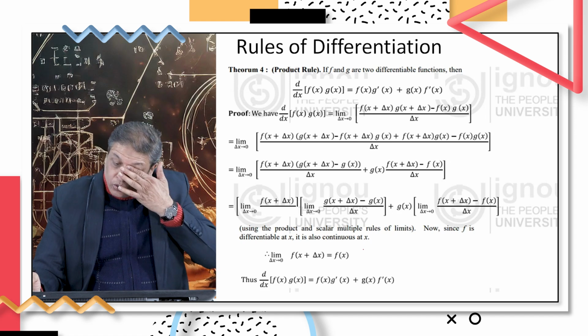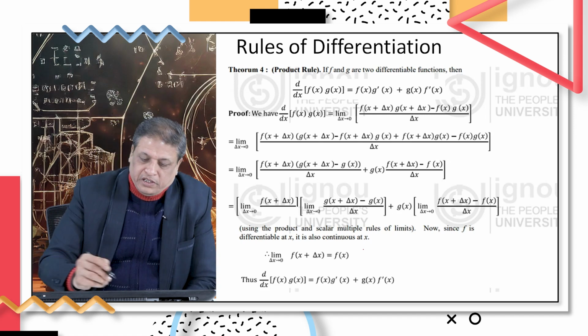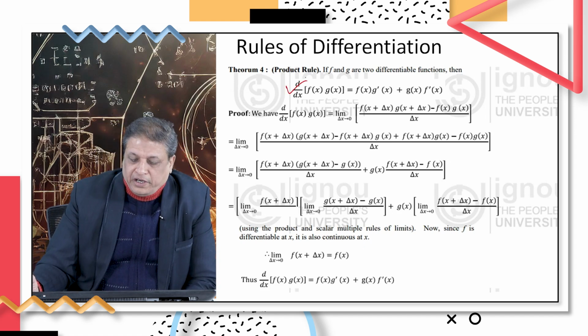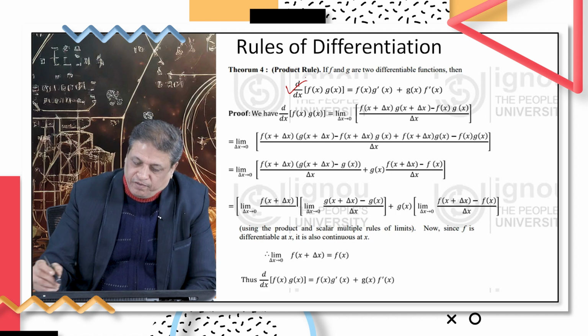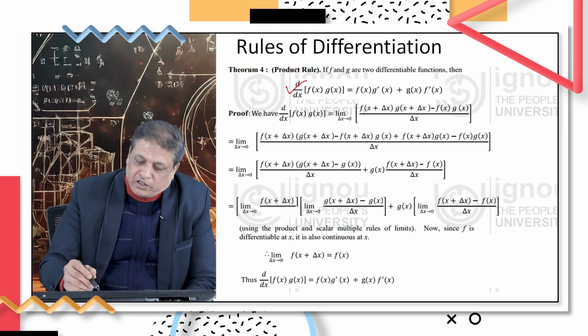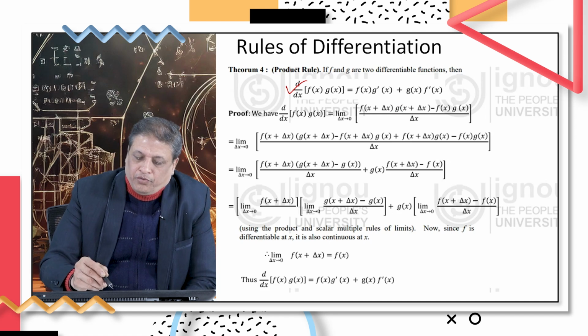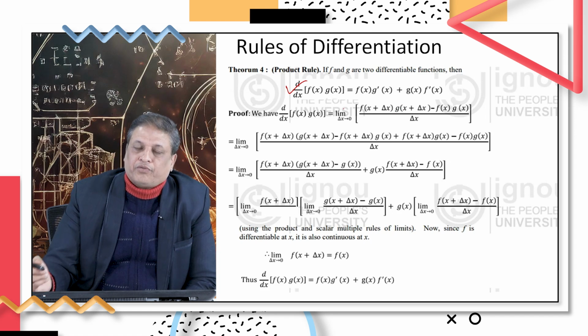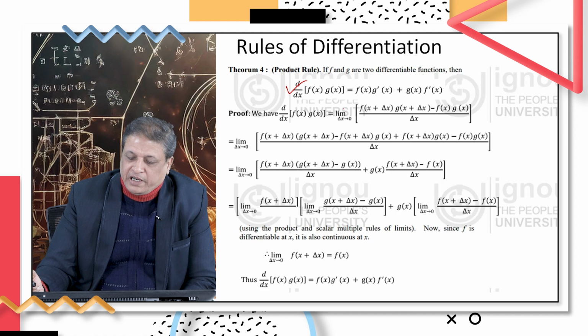Now there is an important rule, that is the product rule, which says that d dx of f(x) into g(x) is f(x) into g dash x plus g(x) into f dash x. On the same lines, we are just substituting the function values in the very elementary formula, that is f(x plus delta x) minus f(x) upon delta x.